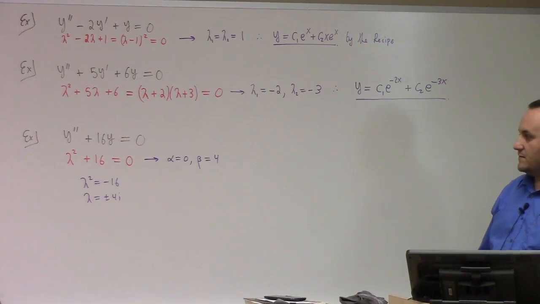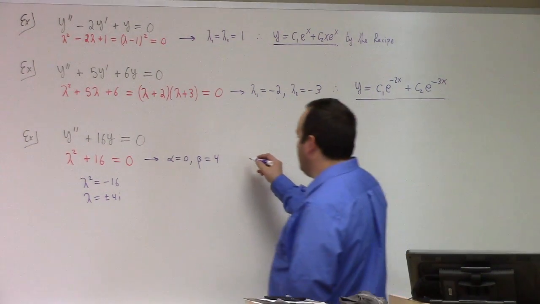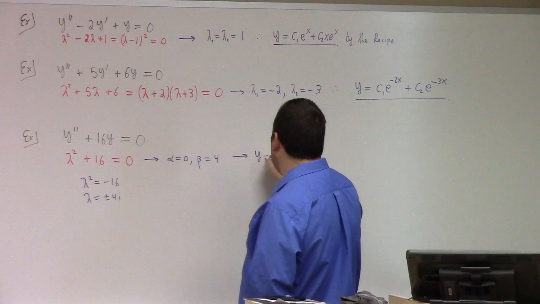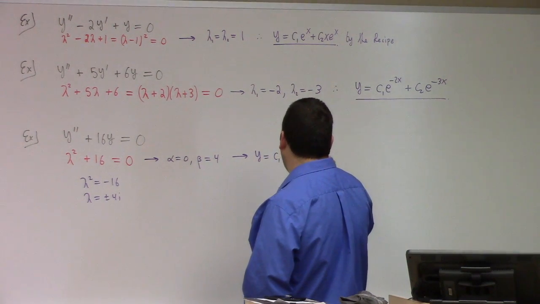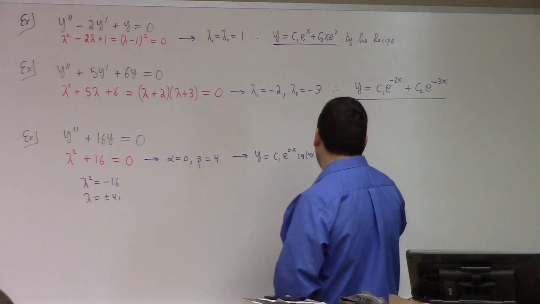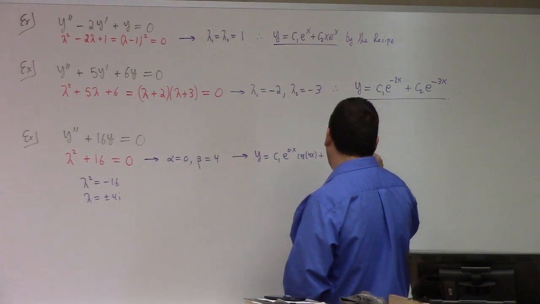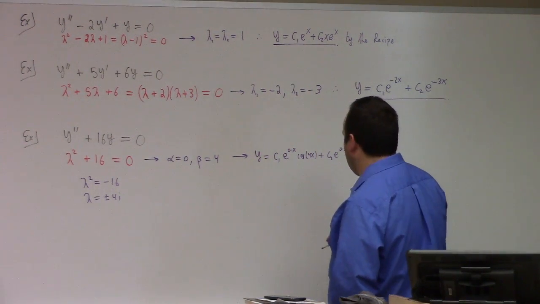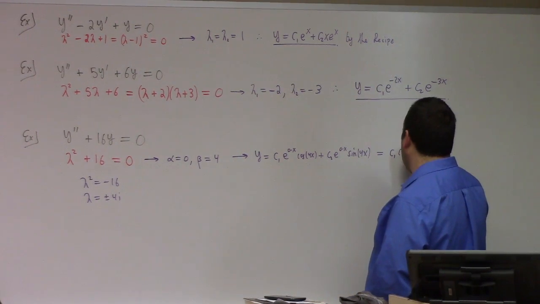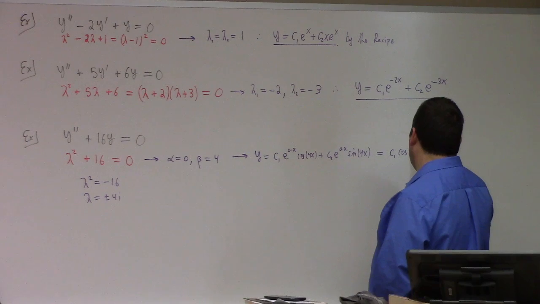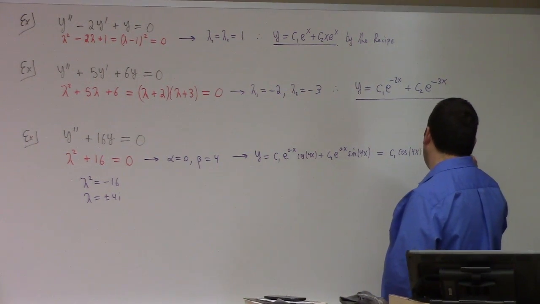We choose the plus 4 for our convenience. So that tells me what? Y is equal to c1 e to the 0 times x cosine of 4x plus c2 e to the 0 times x sine of 4x. Now, of course, that would be a very silly way to write the solution. We'll write it this way instead: c1 cosine of 4x plus c2 sine of 4x.